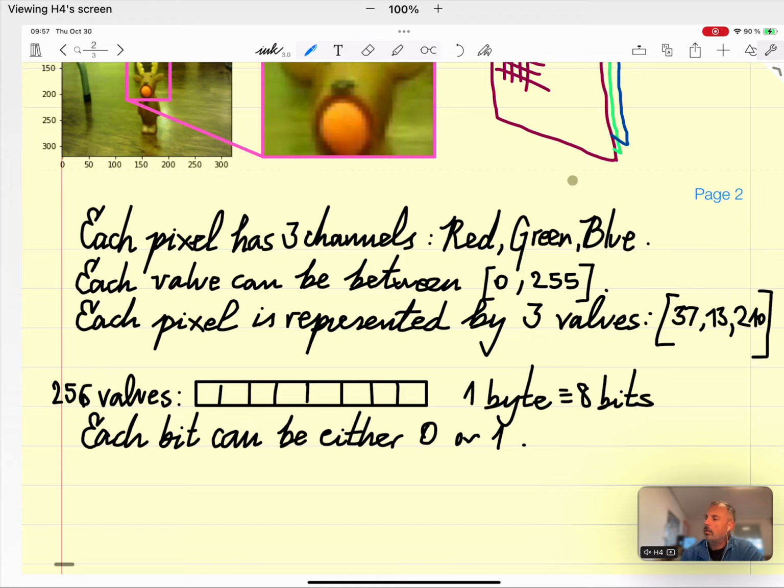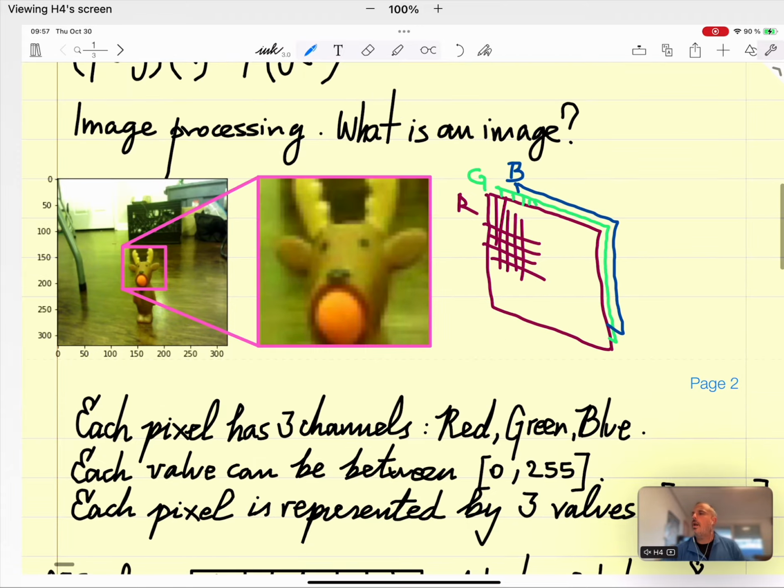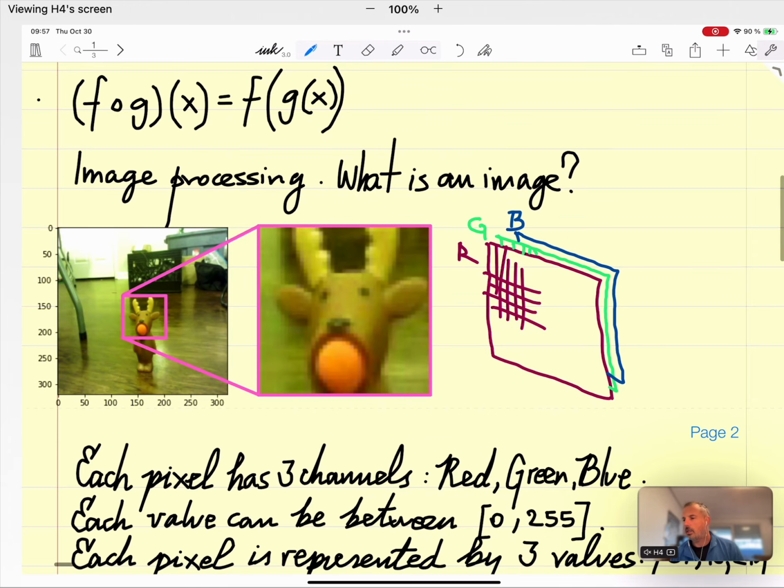So the combination of 2 possibilities in 8 different positions equals 256. That's the reason why, so that you have heard it. So one image is a bunch of pixels.